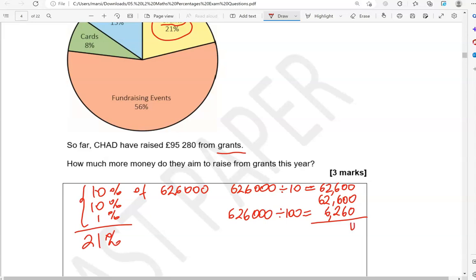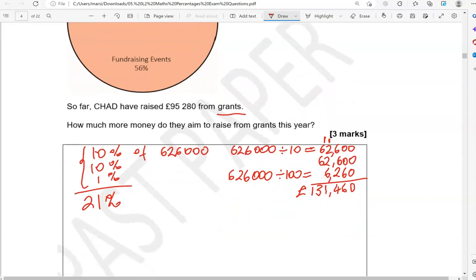So 0, 0, 0, 0 and 0 and 6, that gives us 6. 6 and 6 is 12, and the 2 is 14, so 4 down and 1 carried over. 2 and 2 is 4, and the 6 is 10, and the 1 we carried over, that is 11, so 1 down, 1 carried over. 6 and 6 is 12, and the 1 is 13. So £131,460. That is what 21% of 626,000 is equal to.